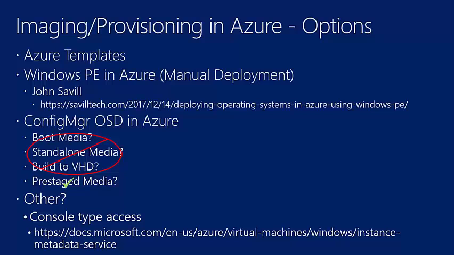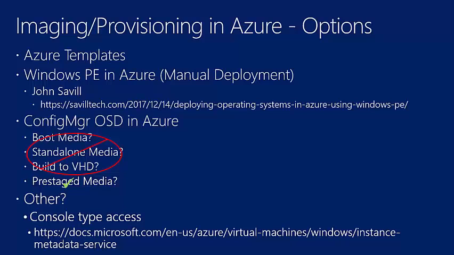So that leaves us with this idea of pre-stage media. With pre-stage media, it completely works in an Azure environment. Why? Because pre-stage media, when we apply the pre-stage media task sequence, what it will do is drop down some different configuration files and so on, ultimately creates a bootable hard disk, right? Well, so I put some asterisks around boot media and standalone media because they aren't supported booting from hard disk.